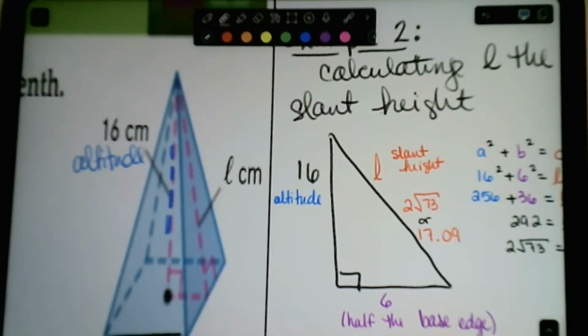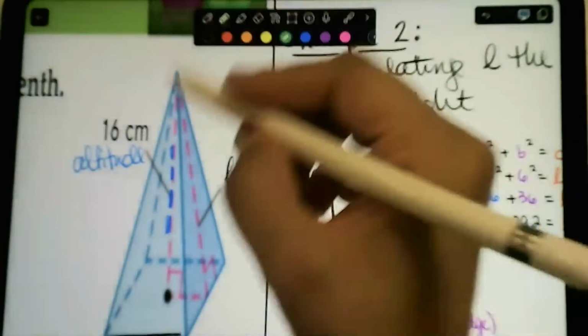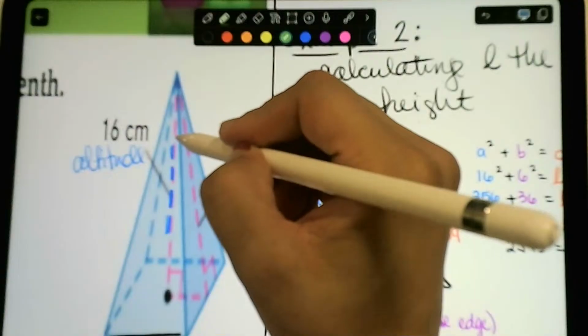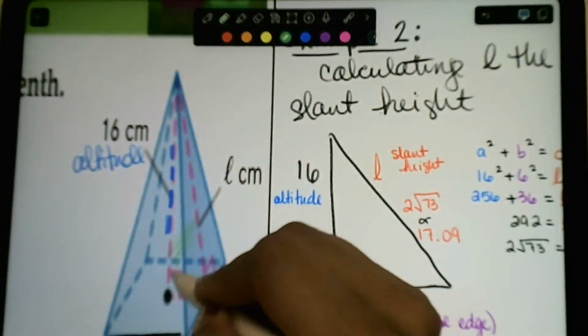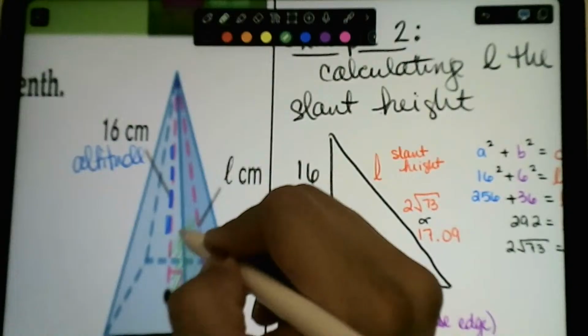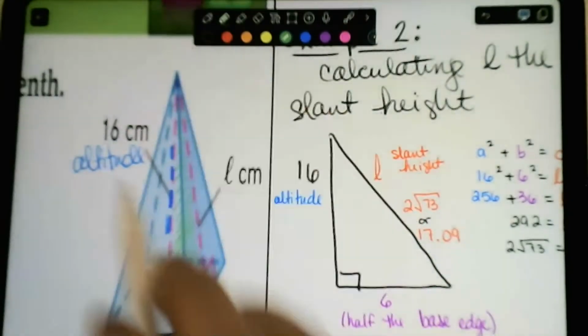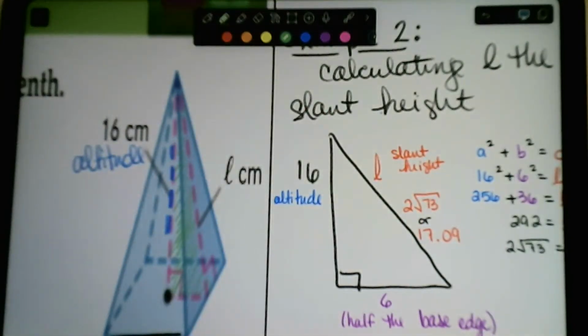And I drew out the little triangle. This triangle that's right in here, that slice, this triangle, the one that's sitting inside of the pyramid. That's what's drawn off to the side.